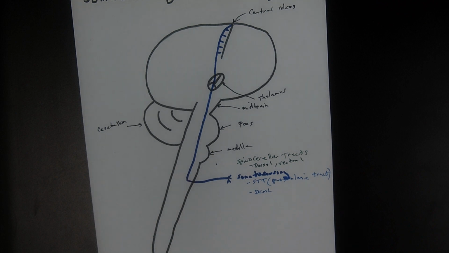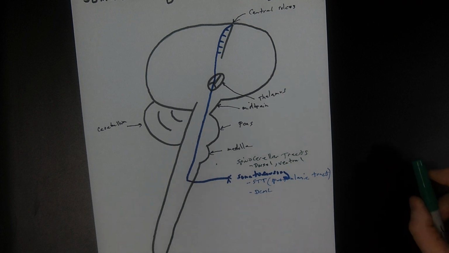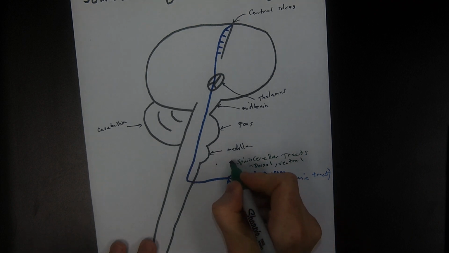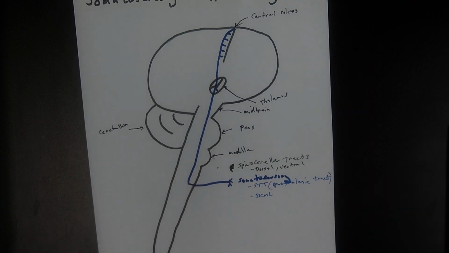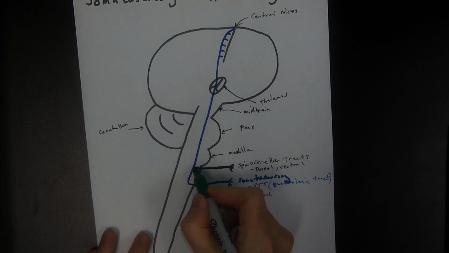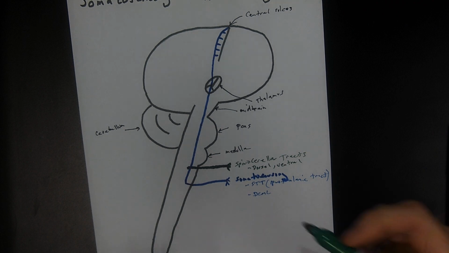We'll talk a whole lot more about what they do and what they carry when we get to the cerebellar portion of the course. But for now, we're going to look at where they reside in the spinal cord. And I said that these tracts all have a common origin and a common destination. So if this tract comes in to the spinal cord, that's the spino part, where do you think it ends? Cerebellum. That's it. Just that easy.